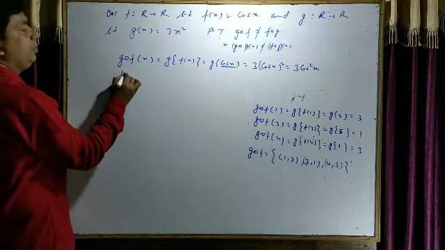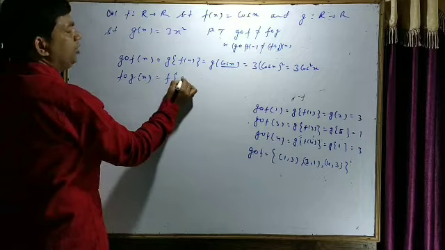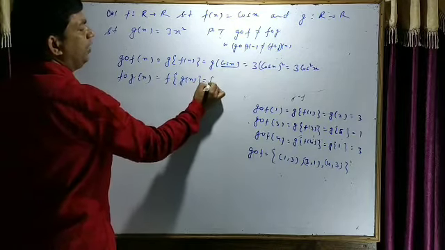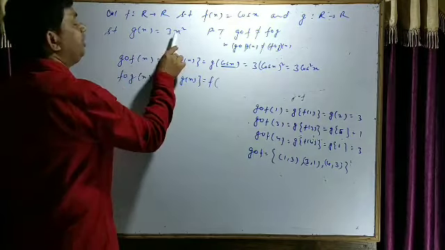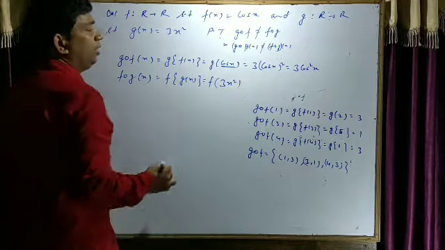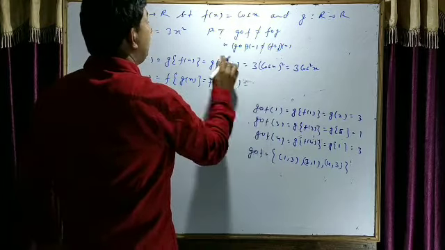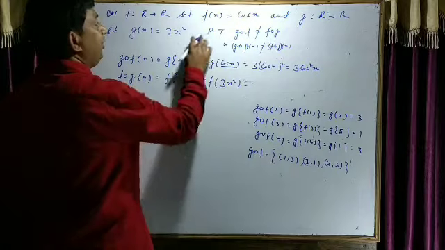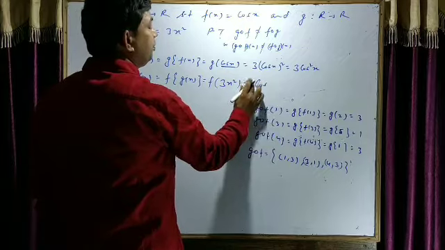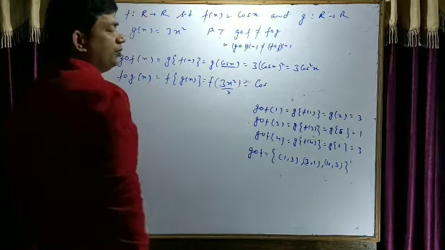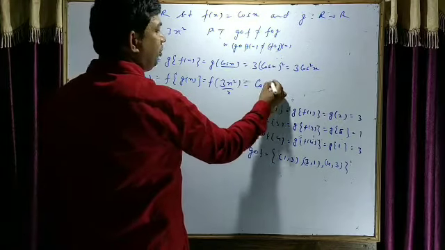Now fog of x, f of g of x. g of x is 3x square, so f of 3x square. f x is cos x, so suppose this is x, then f x is cos x, so cos of 3x square in place of x.